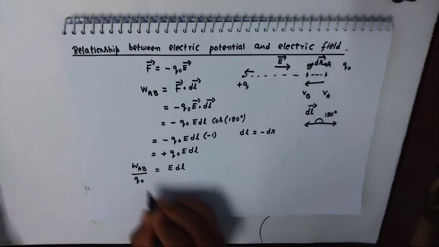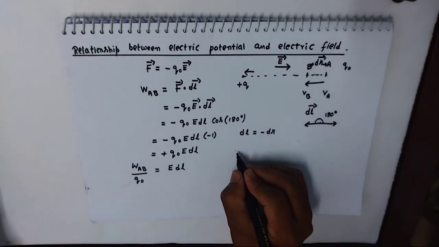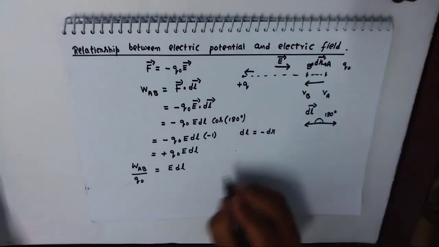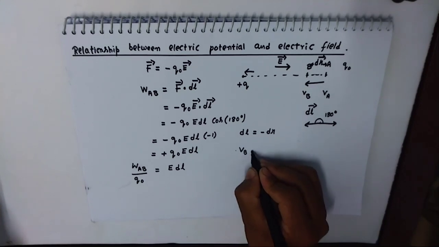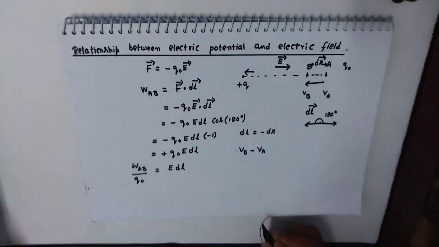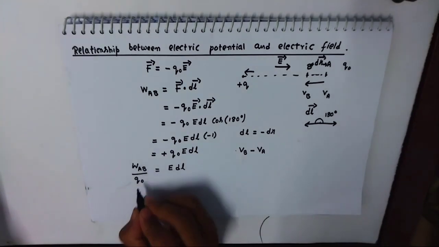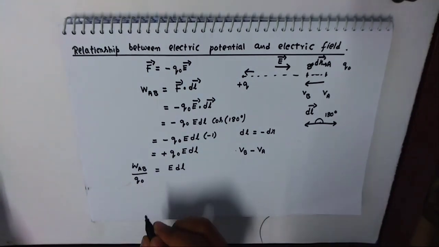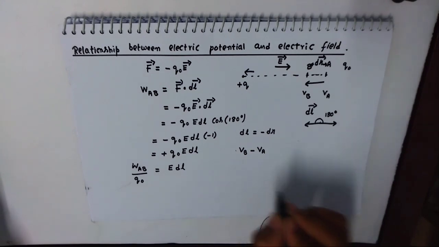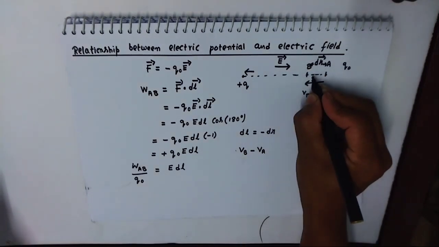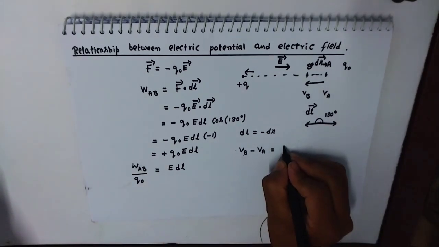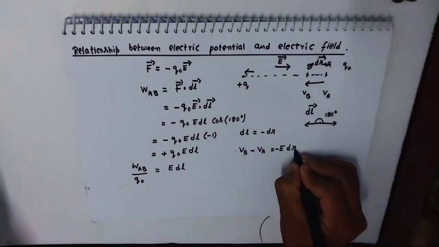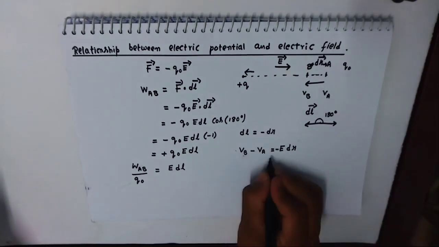Now, WAB divided by Q naught is nothing but the potential difference between these 2 points. So what is WAB divided by Q naught? It is VB minus VA. So VB minus VA is equal to E, and instead of dl, I'll put dr. What is VB minus VA?